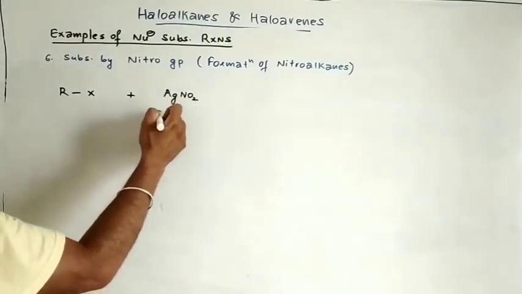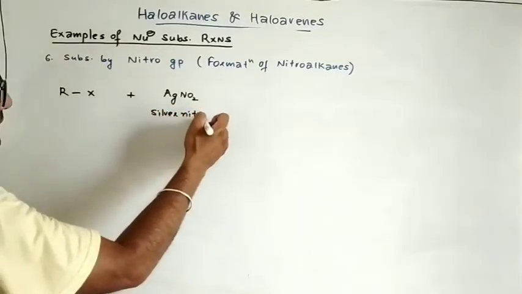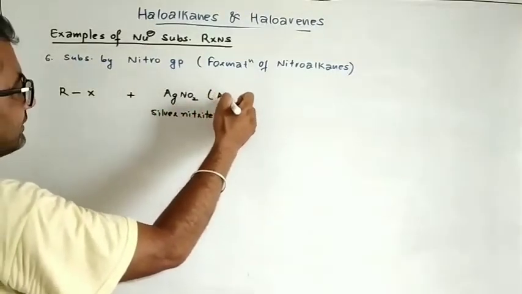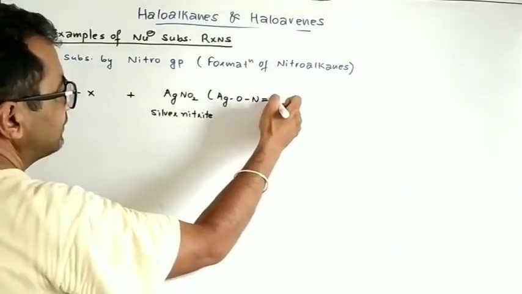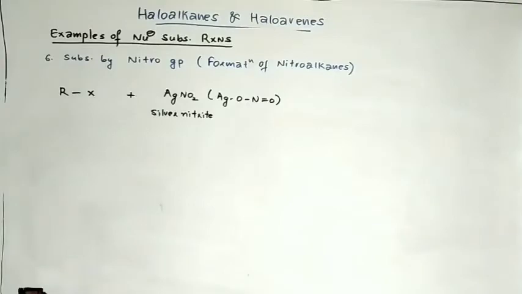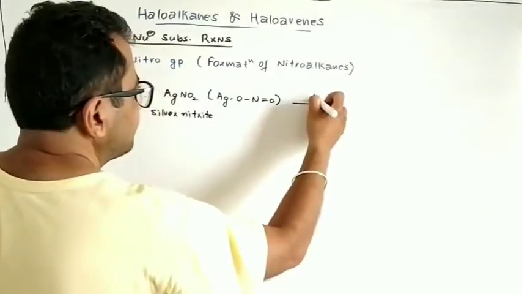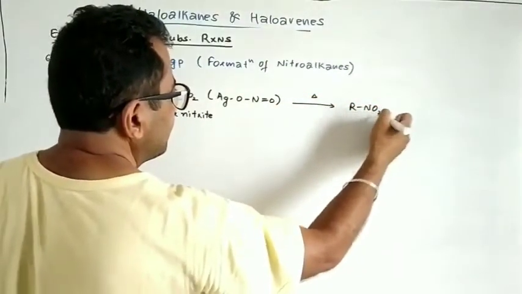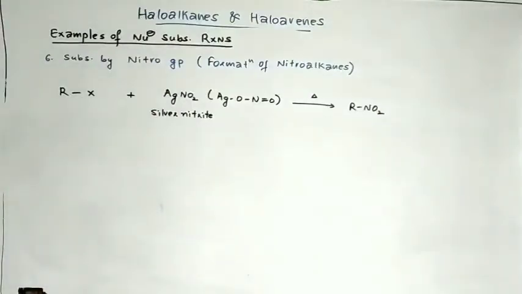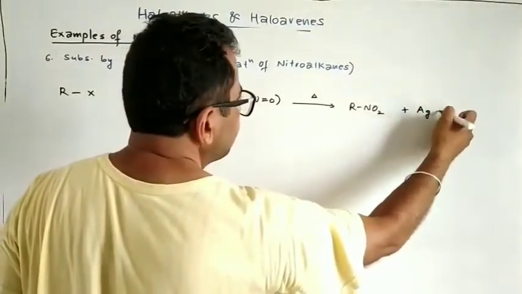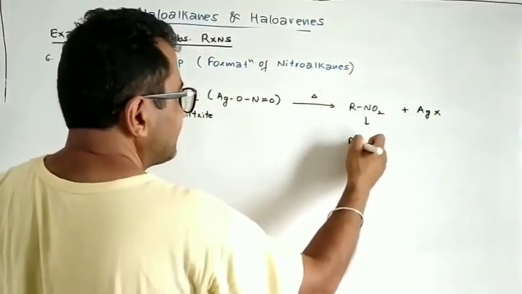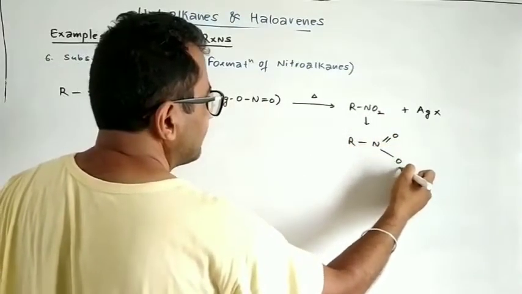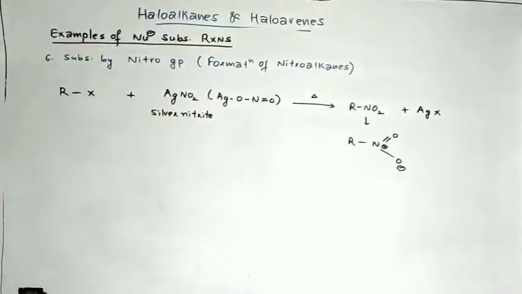This is your silver nitrite, which can be written like this: AgO and double bond O. Then when you heat it, you get RNO2. This is your nitroalkane, plus AgX. This can be written like this: R-NO2.